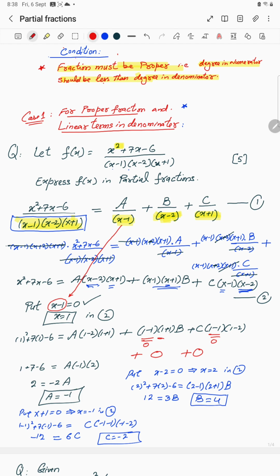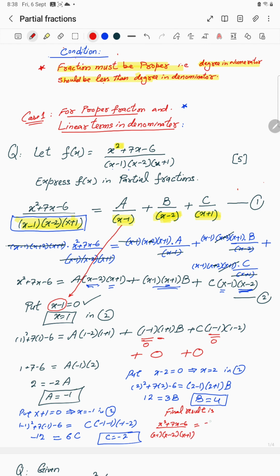Therefore, for the final result, now you need to put A, B, C in equation number 1. The final result is that x square plus 7x minus 6 divided by x minus 1, x minus 2, x plus 1 equal to, what is A?